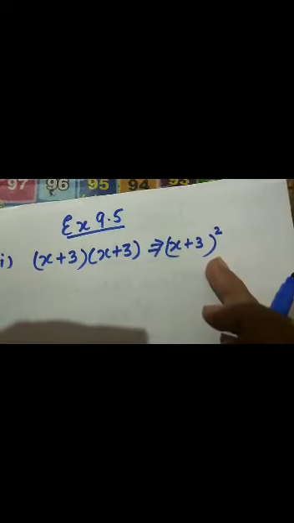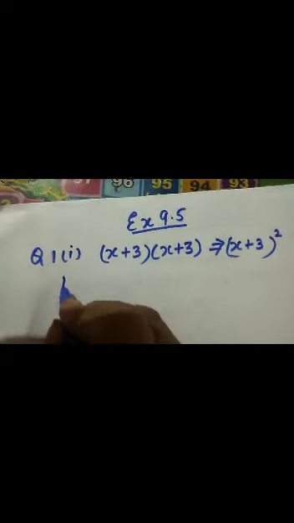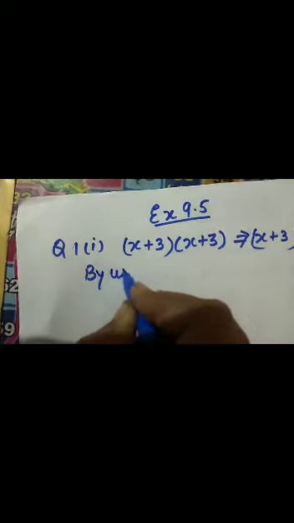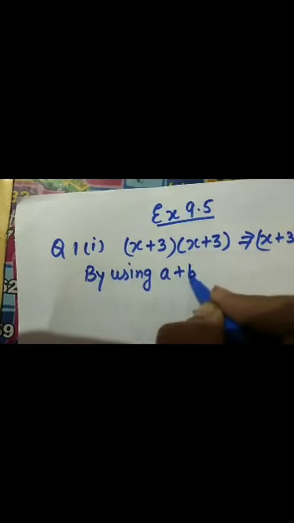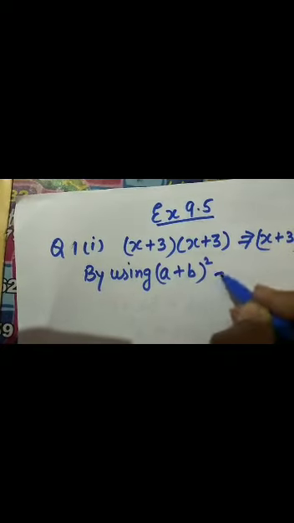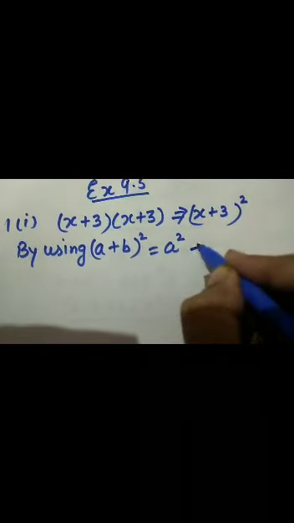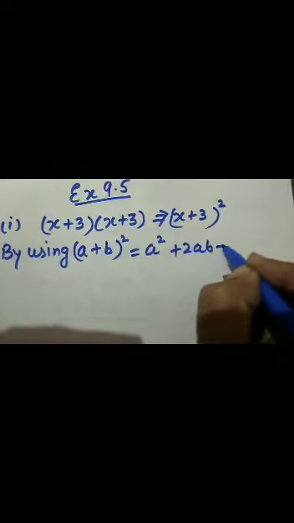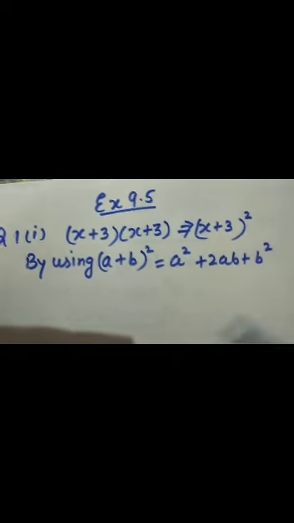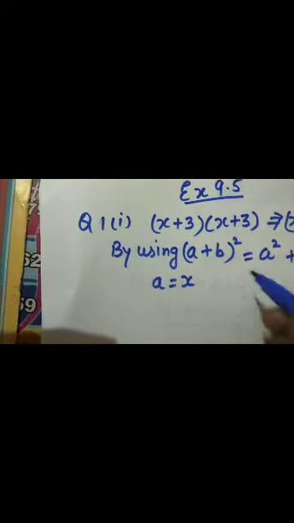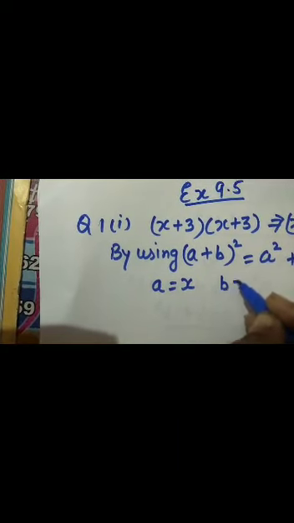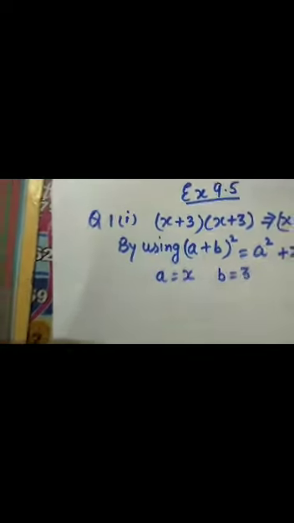So the first identity we can use here: (a plus b) whole square is equal to a square plus 2ab plus b square. Now here the value of a is x and the value of b is 3.